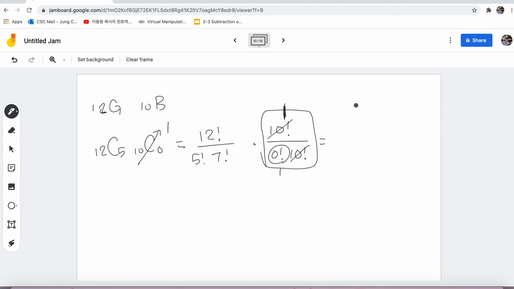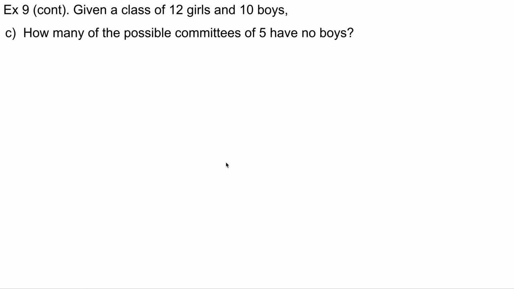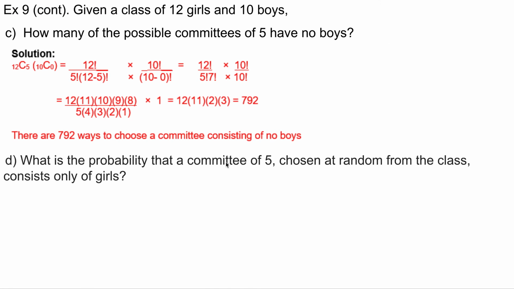If you don't, go back a little bit and you can see how to solve the problems. If you calculate this, you get 792. So there are 792 ways to choose a committee consisting of no boys, just girls. Okay, and let's look at the next problems.